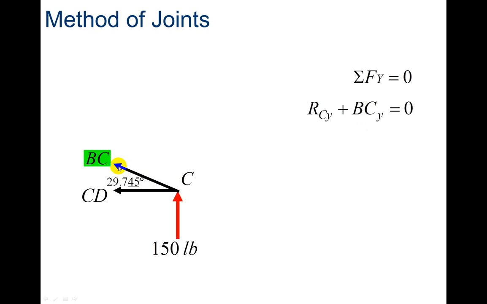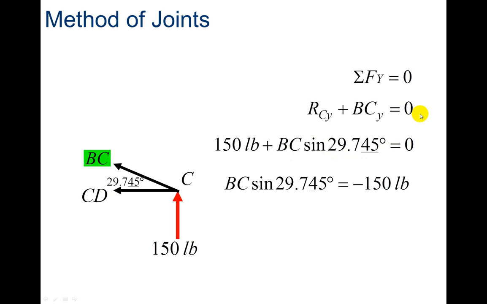I'm going to find the y component of it. Notice this right here. So we're looking at opposite, which is sine. So 150 pounds plus BC, the force we don't know yet, times sine of 29.745 degrees.